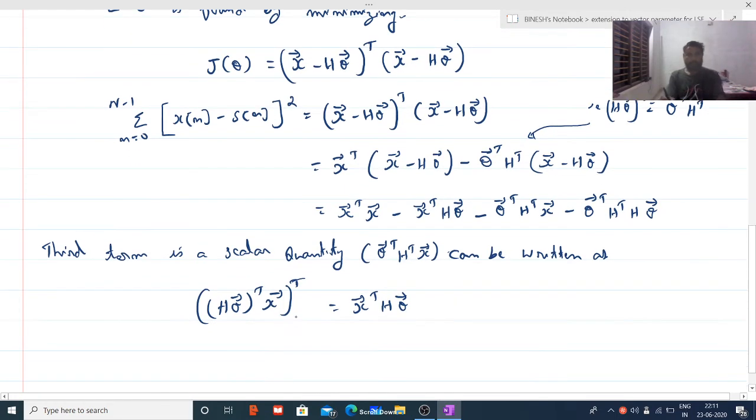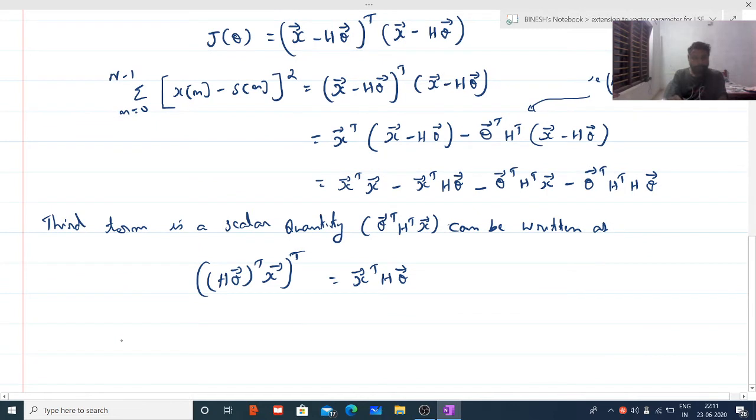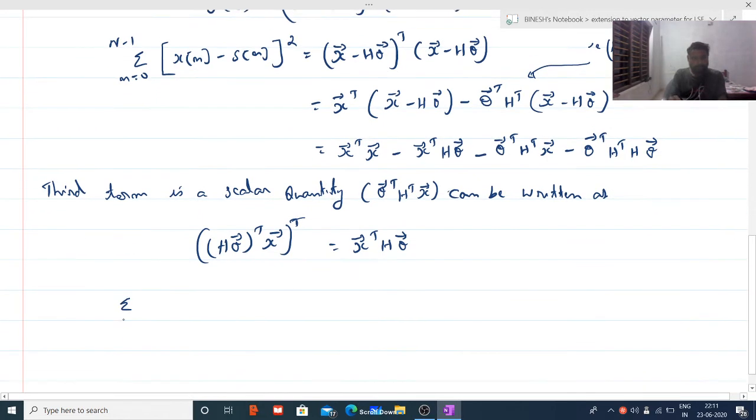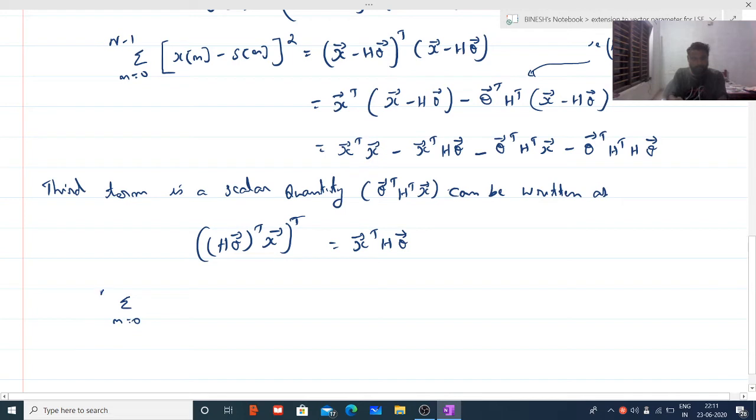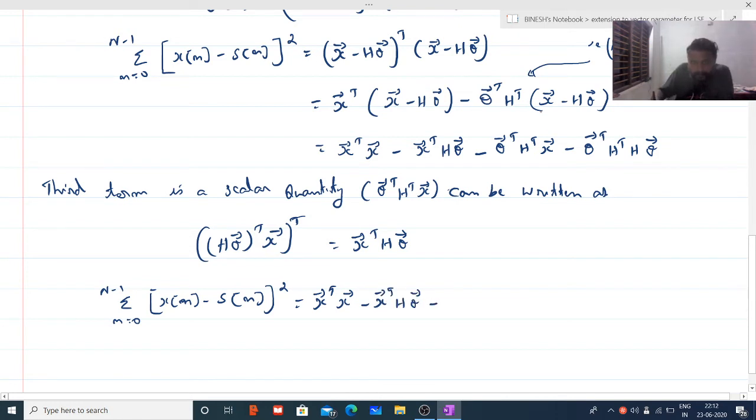Okay, now what is your J minimum? J minimum is given by sigma n equal to 0 to n minus 1 of x of n minus s of n square, which is nothing but x transpose x, so this term, minus x transpose h theta, minus, so now this term changes.